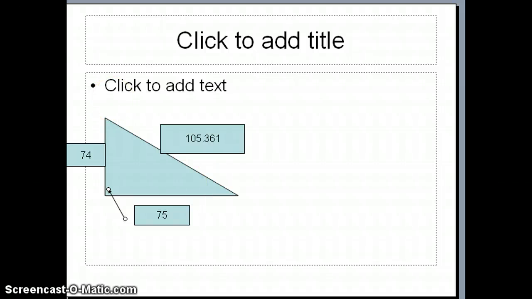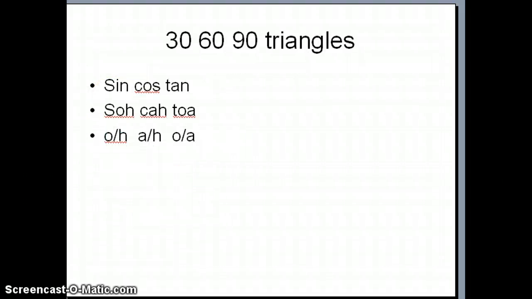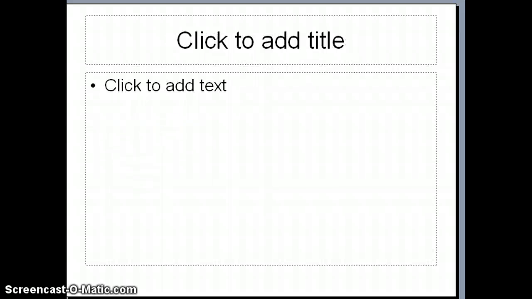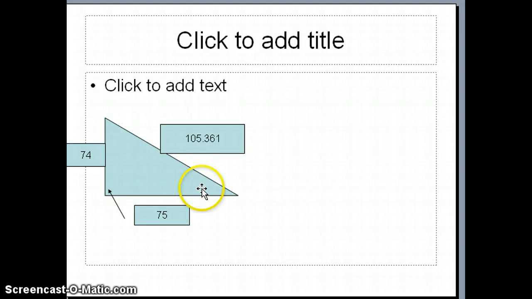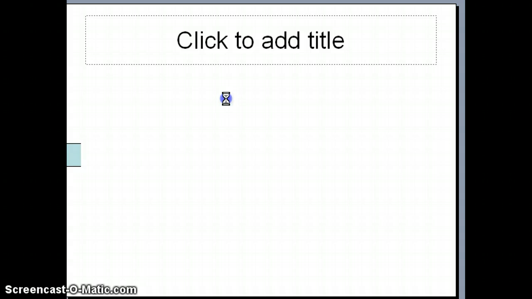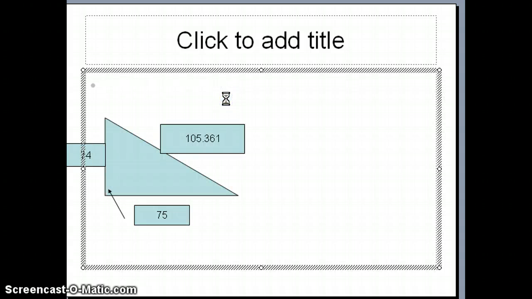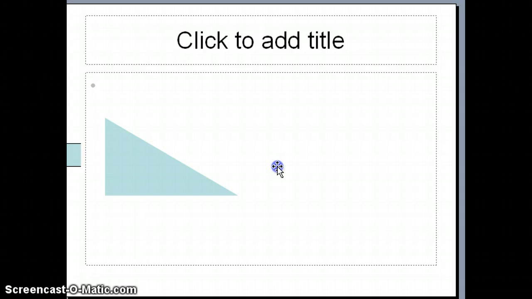Okay, now we have to do the inverse of these. So what we're going to do is pick an angle. And the representation is a zero with a line through it. I cannot type that on a keyboard because computers are stupid like that. Now, knowing this, I'm going to delete this box real quick.